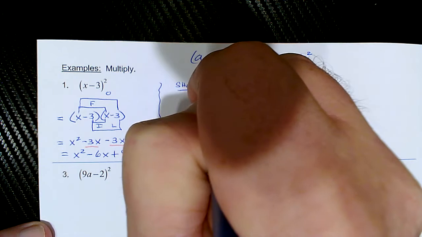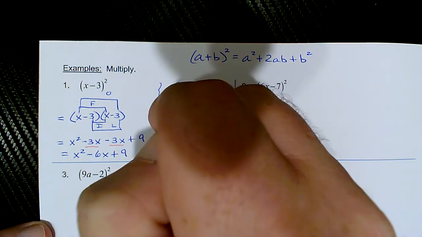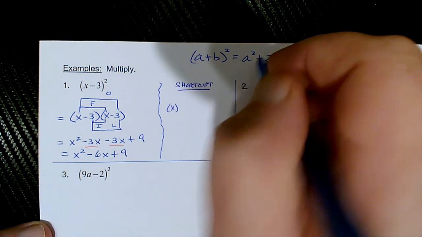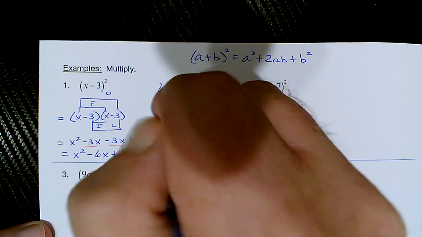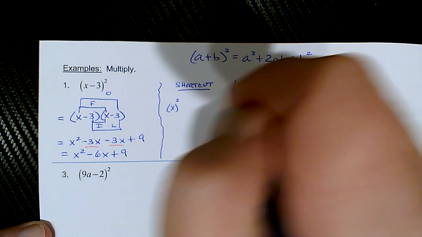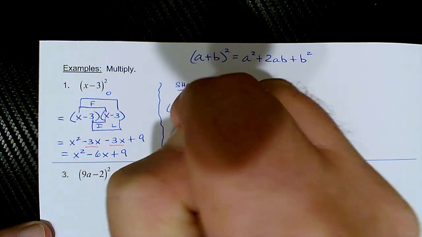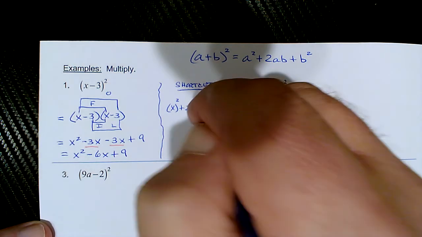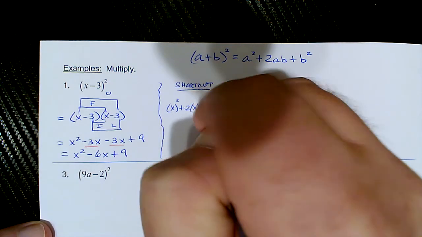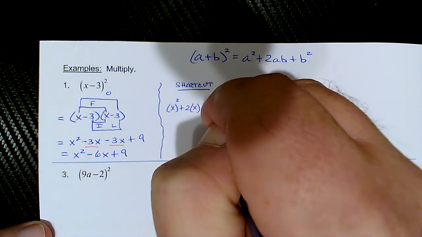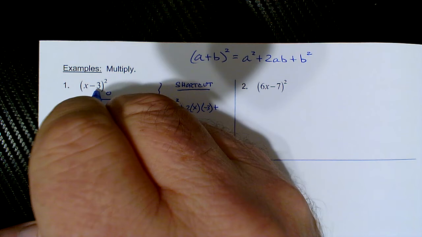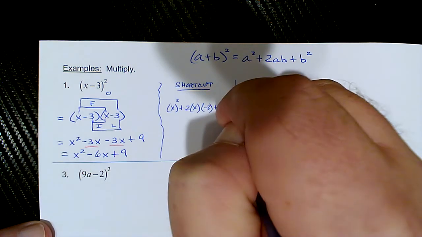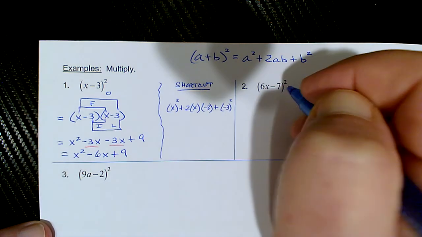If you want to use the shortcut formula, you basically take the x, which is the first term of the binomial, representing a in our formula, and you square it, and then plus 2 times the product of the two terms, x and negative 3, and then plus the second term of the binomial, that represents b, negative 3 squared.